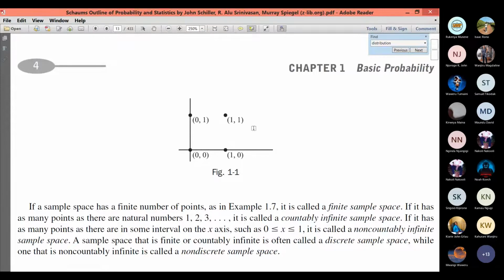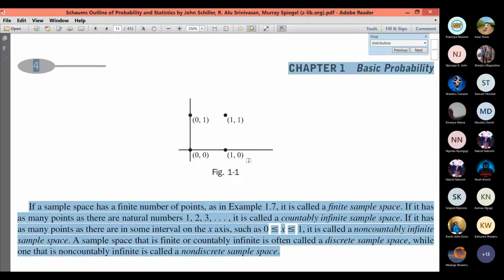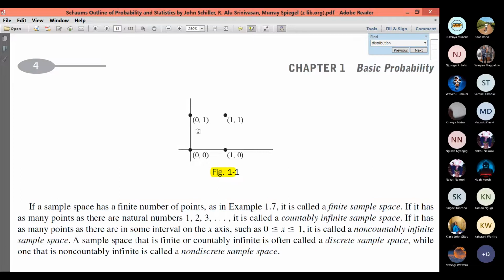This table, or this graph that you see here, is simply derived from example 1.7, where you have a coin. When you toss a coin twice, the possibilities are, if you call the head 0, then the 0, 0 here represents head, head. This is tail, head. This is head, tail.